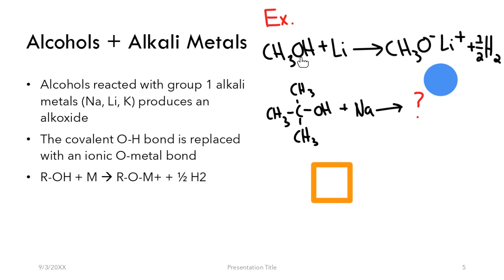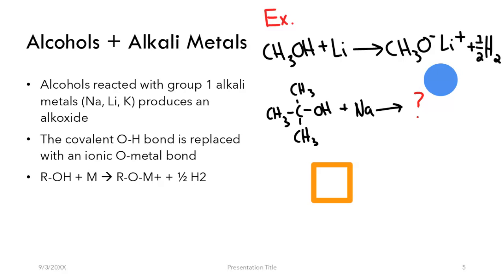This OH bond here is a covalent bond, but with the metal, the lithium bond is ionic. The charges are just here to emphasize that it's an ionic bond and not a covalent bond anymore. So your oxygen will be negatively charged and your lithium will be positively charged. And then you'll have 1/2 H2, which is just one hydrogen.